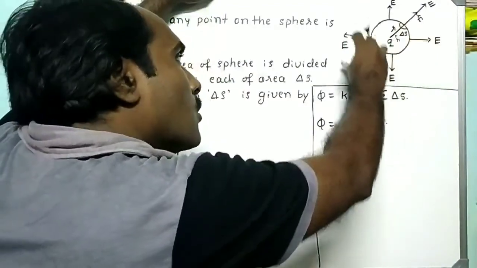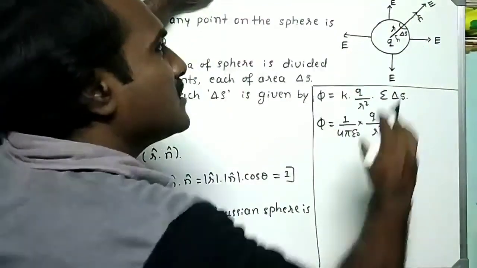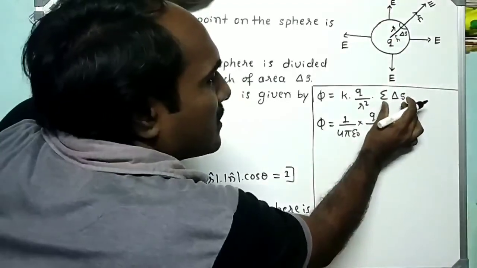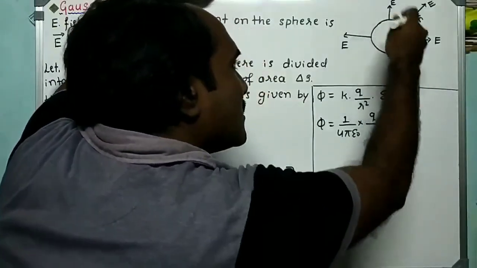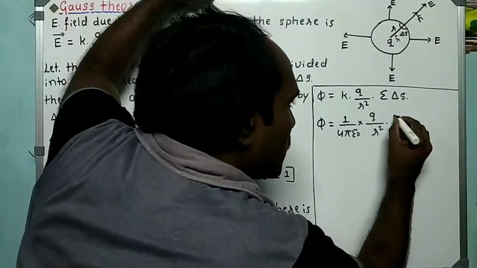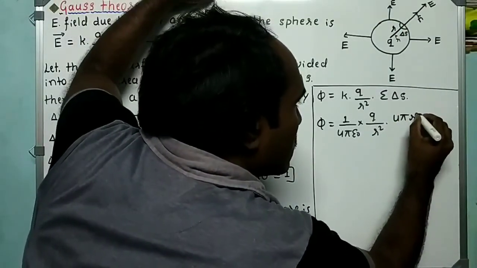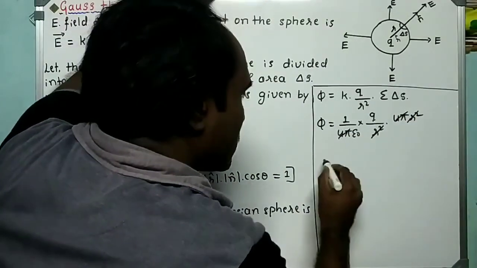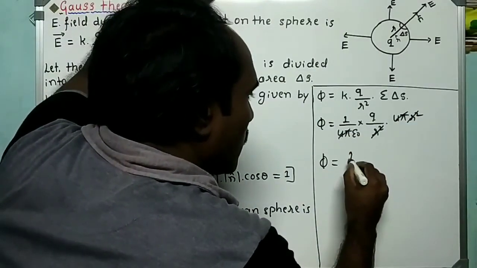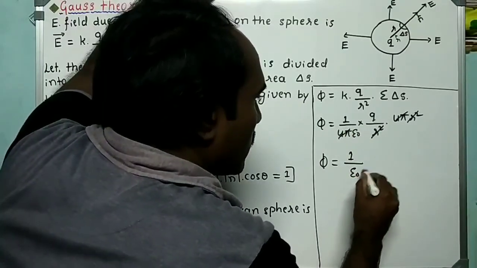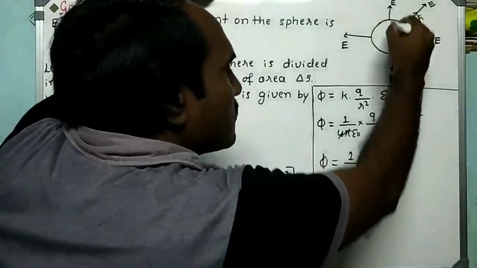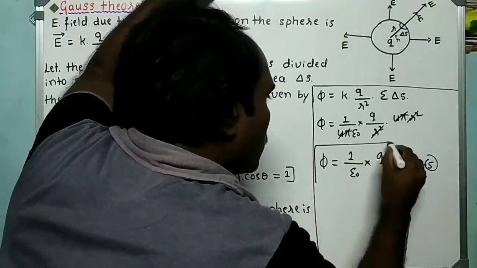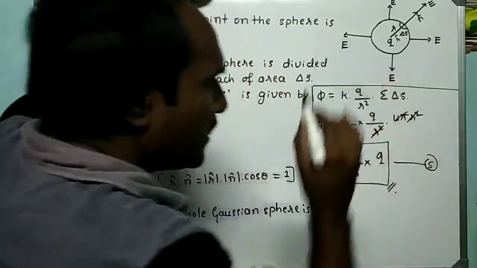Area of the whole Gaussian surface. That is, the total area of the Gaussian surface is represented by summation of delta S, which is 4 pi R square. Here 4 pi cancels, R square cancels, then phi is equal to 1 by epsilon naught into the total charge enclosed by the sphere, that is Q. Call it equation 5. This is the proof of Gauss theorem. Okay, note down.